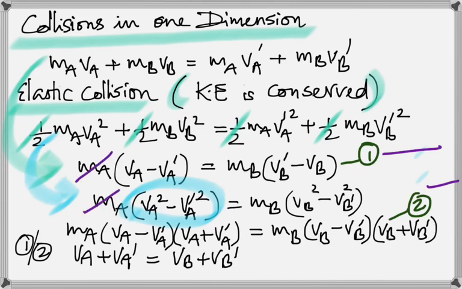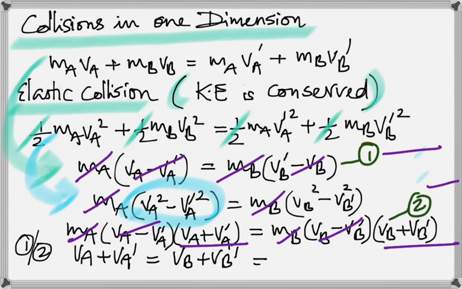Cancel out. What's going to happen to the MB? Cancel. And this gets cancelled with this one, because you're dividing. And you're left with this thing, which I've written. That's the only thing that remains when you divide 1 by 2.